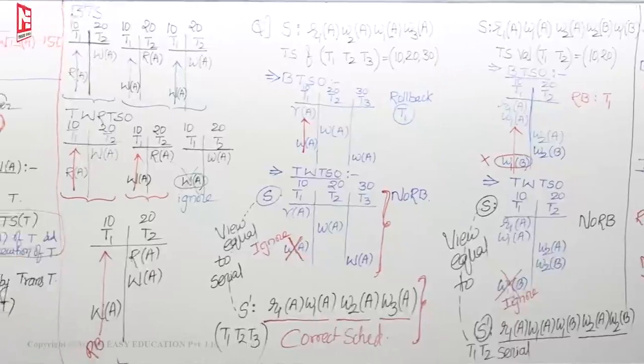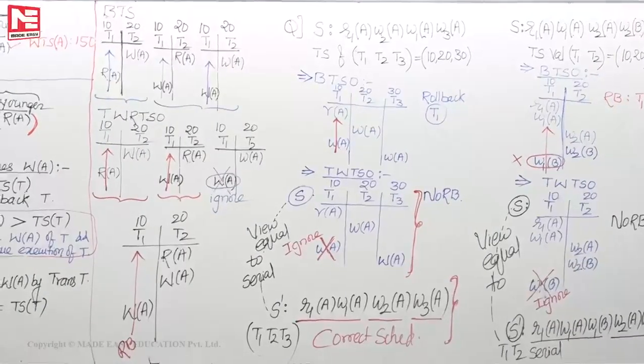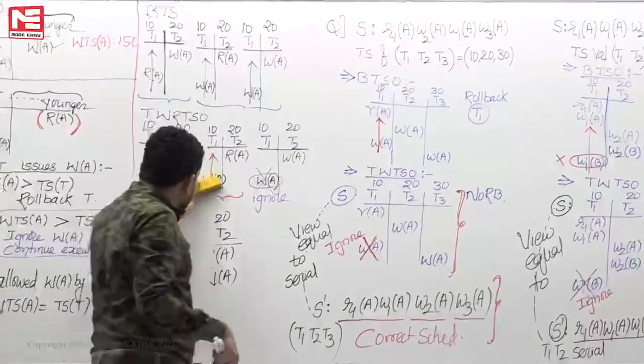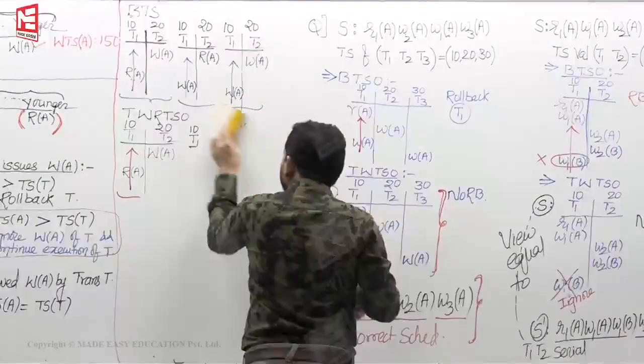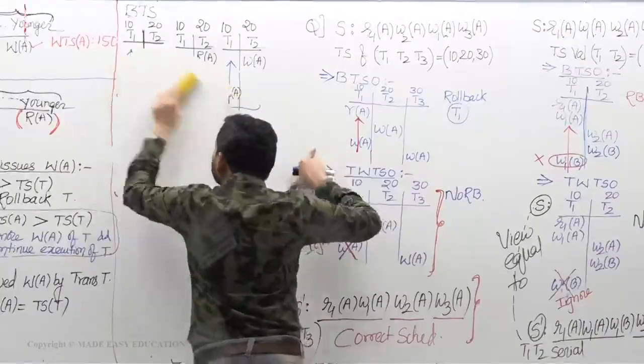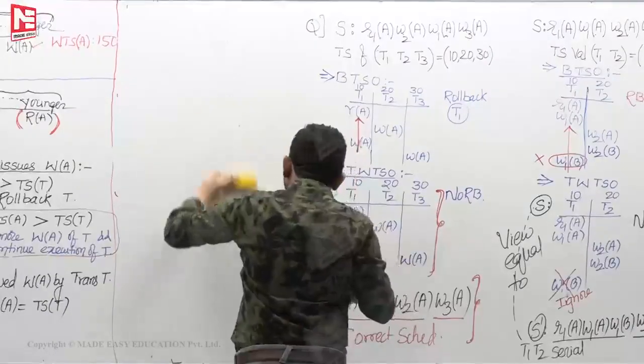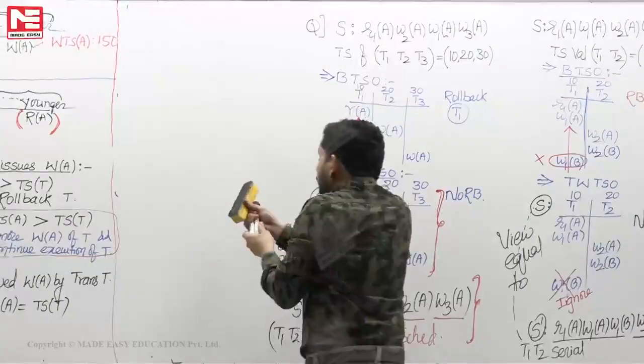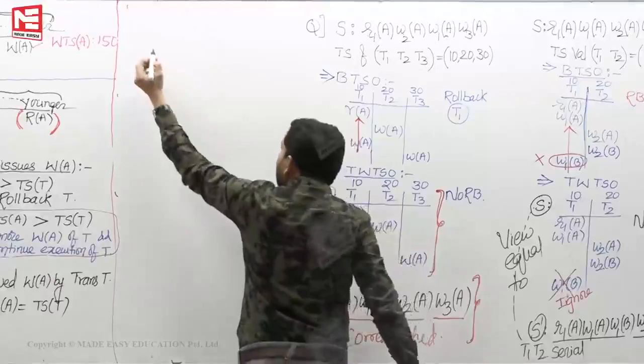Now, the conclusion for Thomas write rule timestamp ordering. We wrote one statement for the basic timestamp ordering conclusion. Let us write one more point for this.